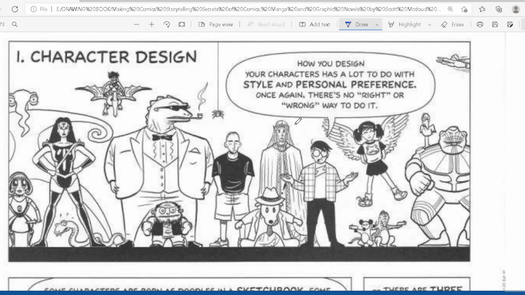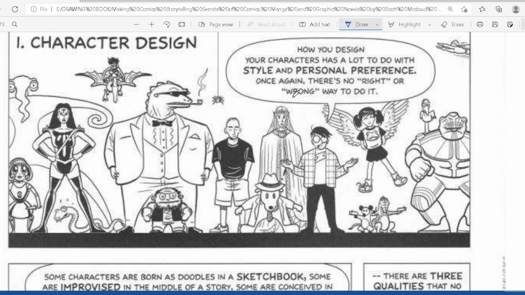Character designing, so again we are going into detail, I think. How you design your characters has a lot to do with style and personal preference. Once again, there is no right or wrong way to do it.